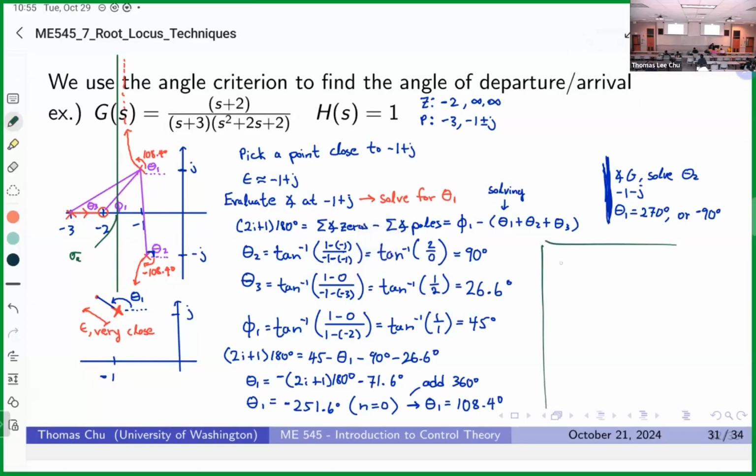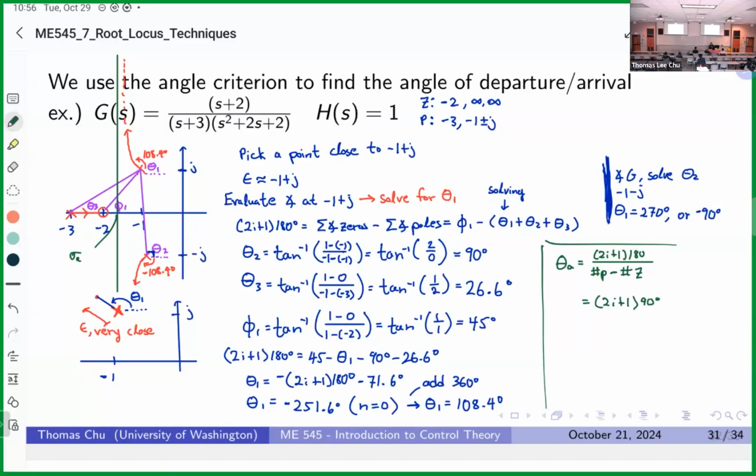Our asymptote angle is going to be equal to 2i plus 1 times 180 degrees divided by number of finite poles minus number of finite zeros. And we have 3 finite poles and 1 zero. So we just get 2i plus 1 multiplied by 90 degrees. If we vary i, we get 2 unique angles, which are 90 degrees and 270 degrees.